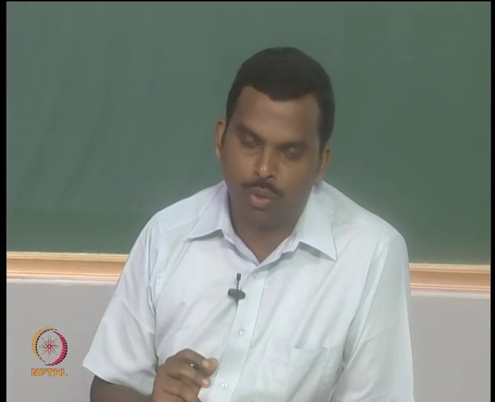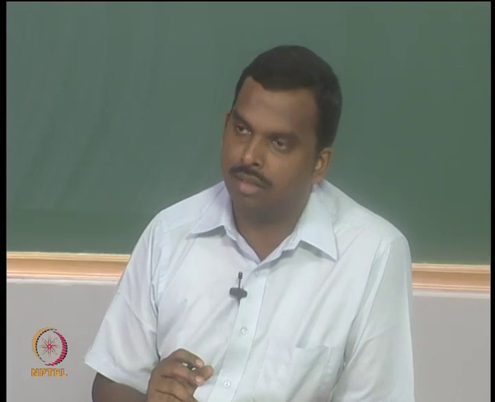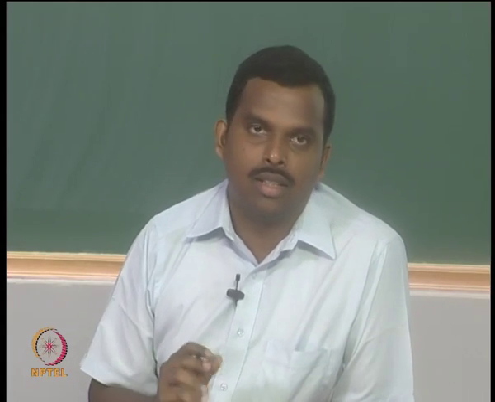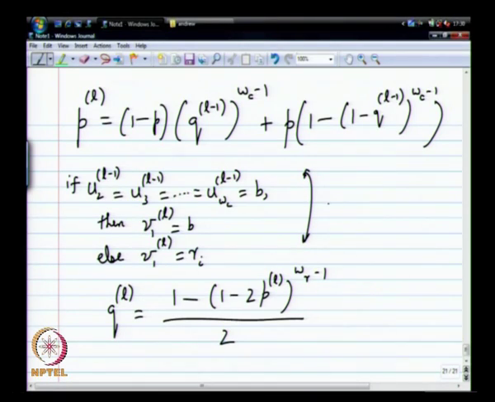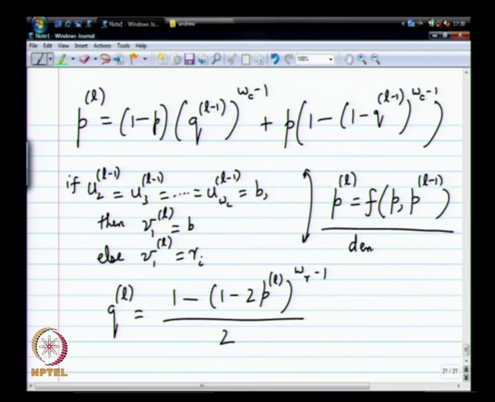Maybe I will hint at the proof later, but right now let us not distract ourselves with those issues. So, essentially what you have done by combining these two is you can write P_L as some function of P and P_{L-1}. This kind of an equation is called the density evolution equation.